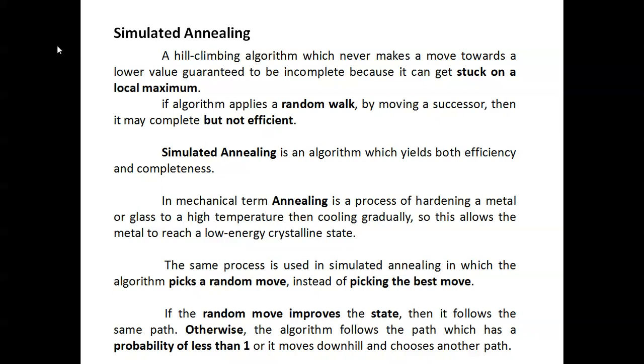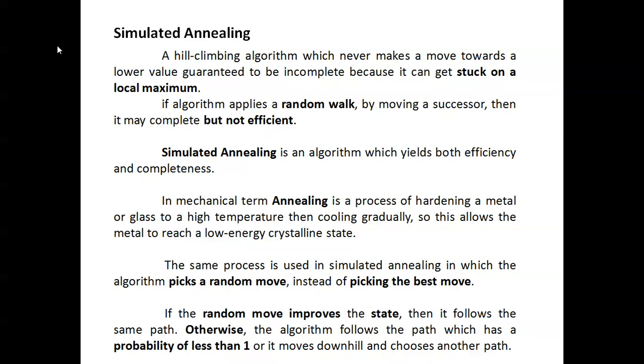Simulated annealing: a hill climbing algorithm which never makes a move to a lower value is guaranteed to be incomplete because it can get stuck on a local maximum. If the algorithm applies a random walk by moving to a successor, then it may be complete but not efficient. Simulated annealing is an algorithm which yields both efficiency and completeness.